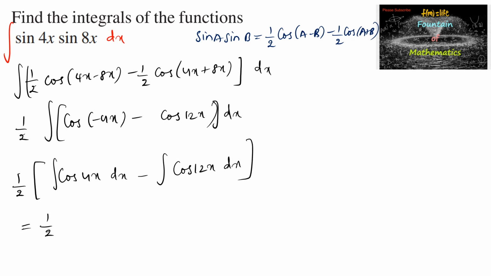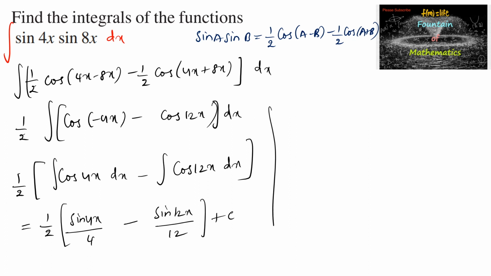That is 1 by 2 times integration of cos is sine 4x divided by coefficient of x is 4, minus again sine 12x divided with 12 plus constant c. Or we can give the answer as 1 by 2 into 1 by 4 sine 4x minus 1 by 12 times of sine 12x plus integral constant c is the answer.